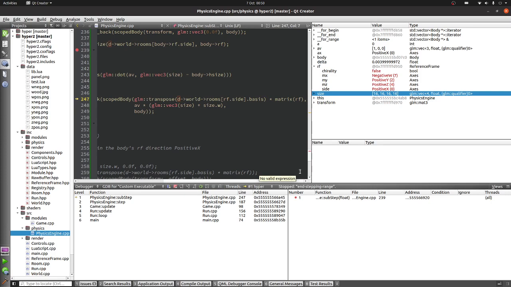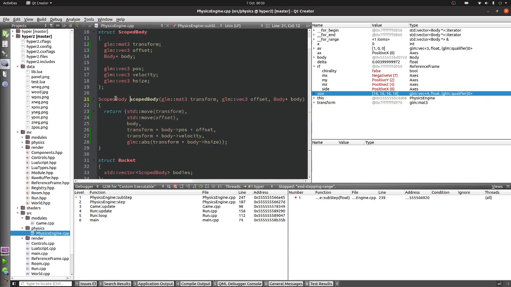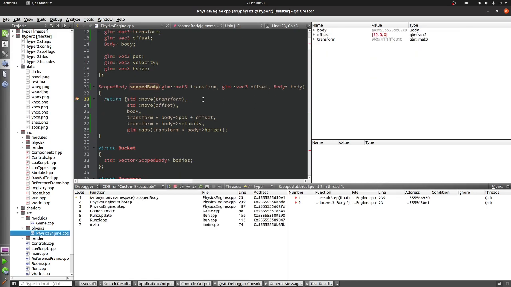Yeah, that should be good. That should be fine. Creating a transform. I don't know if that's scope body function. Can you just crop a mat 4 to a mat 3? Yeah, you can. That's a bit strange.